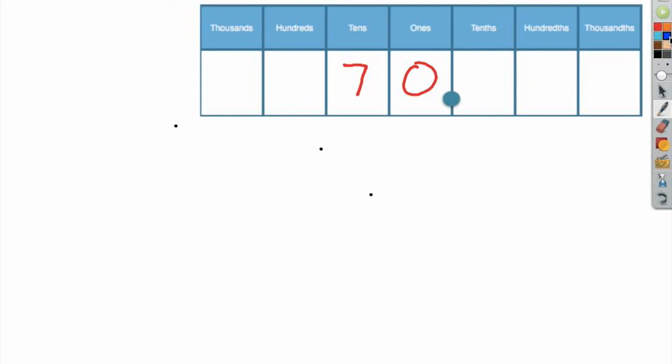No. 1 times 70? How much is each column worth? 10. So you can either do 10, 100, or thousands. 10 times 7, or I could say 7 times 10, right? What if I had a number there?